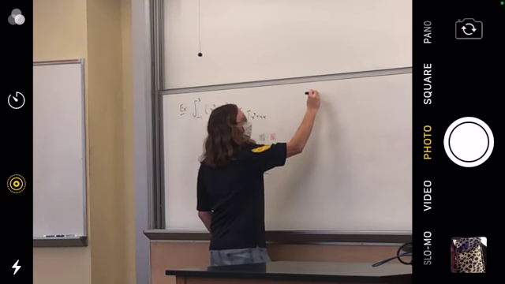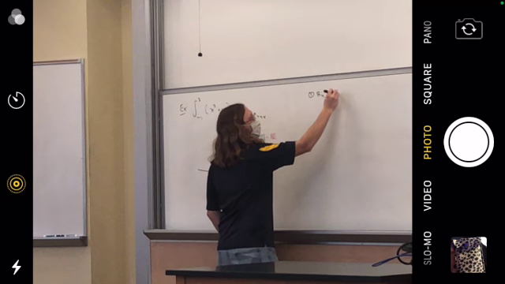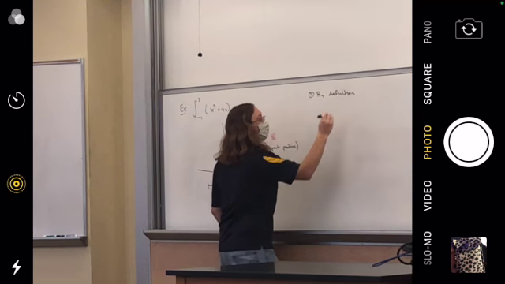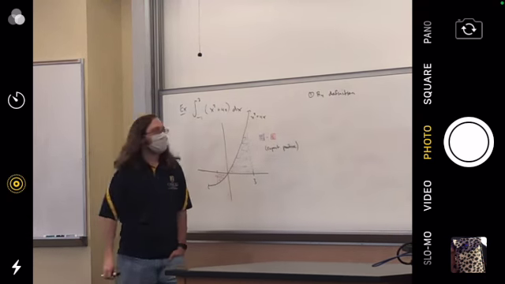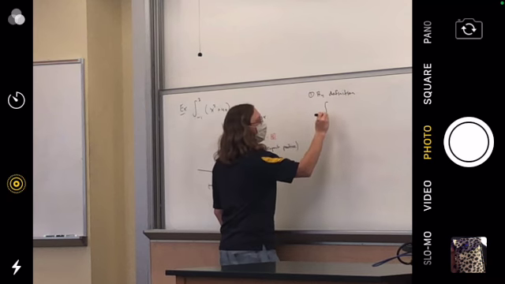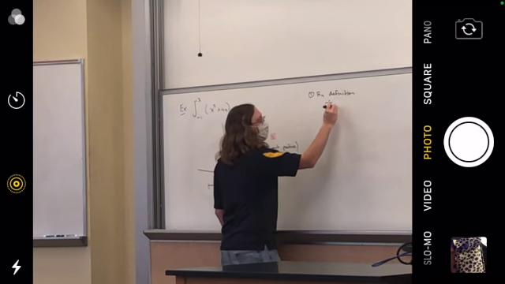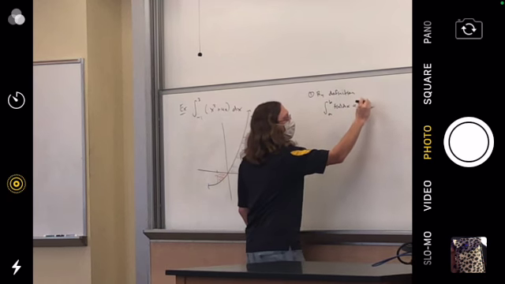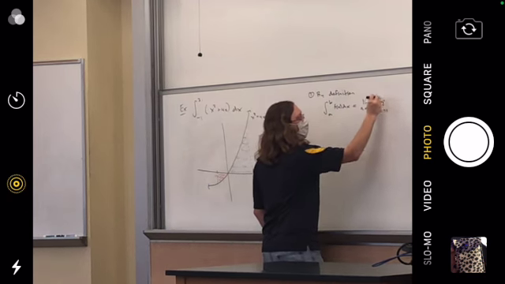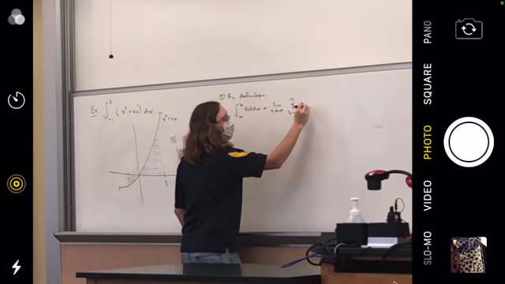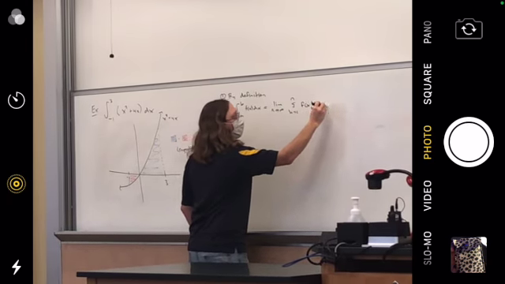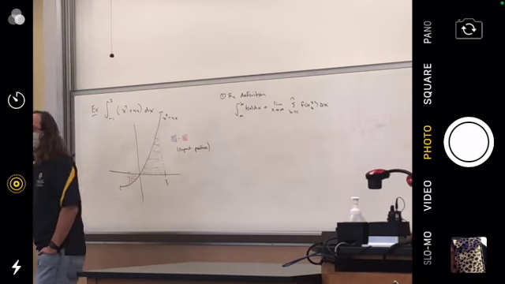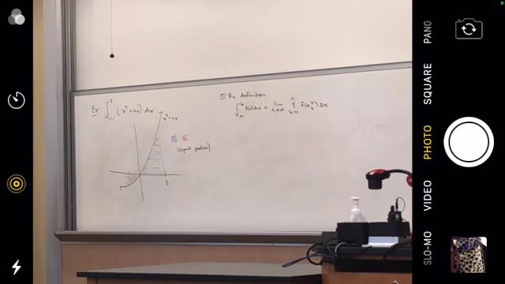So number 1, by definition. Which means, what is my definition? My definition says the integral from a to b of f(x) dx is equal to the limit as n goes to infinity of my Riemann sum. That is the official definition, kind of like when we did the official definition of a derivative, it was the limit of the difference quotient.